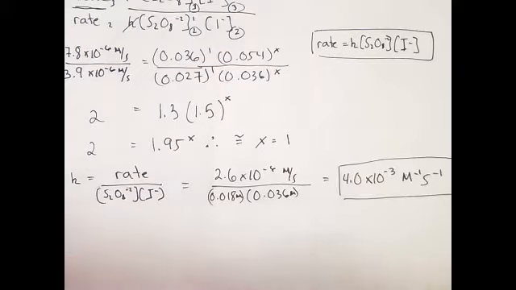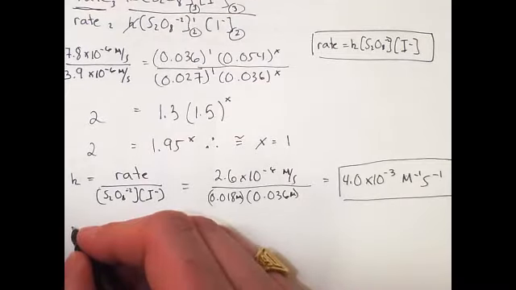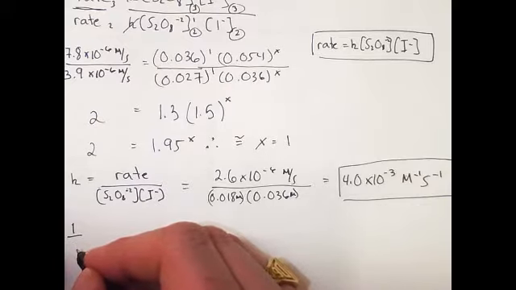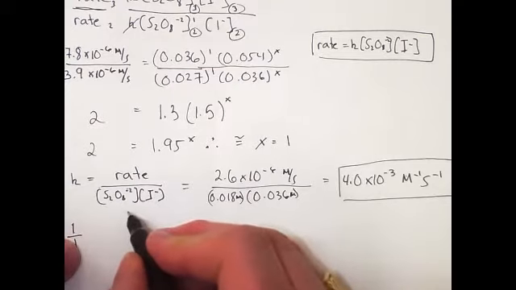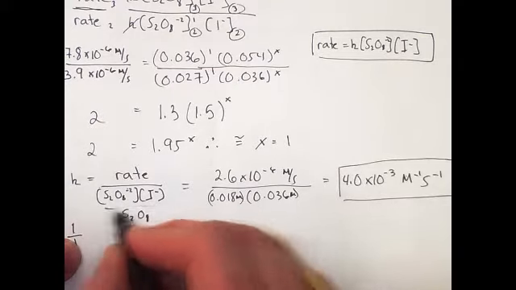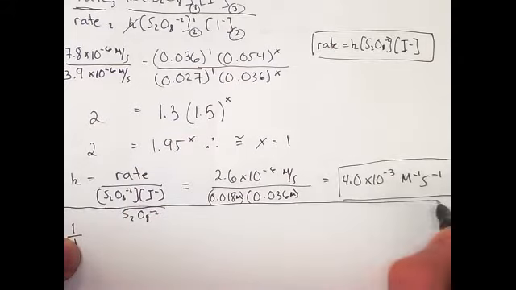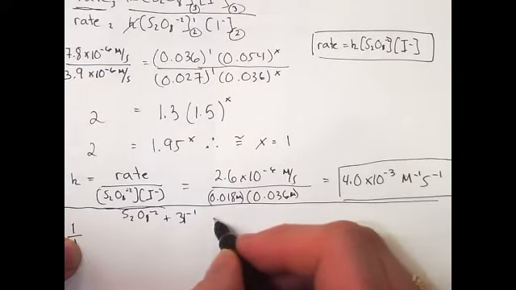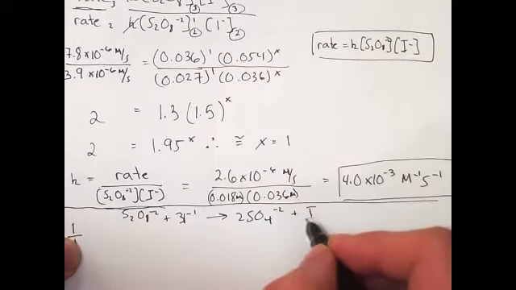Question C, how is the rate of disappearance of S2O8 related to the rate of disappearance of iodide? So I know I have 1 over 1. Make sure we write out this equation: S2O8 2- plus 3 iodide ions gives 2 sulfate plus I3 negative.